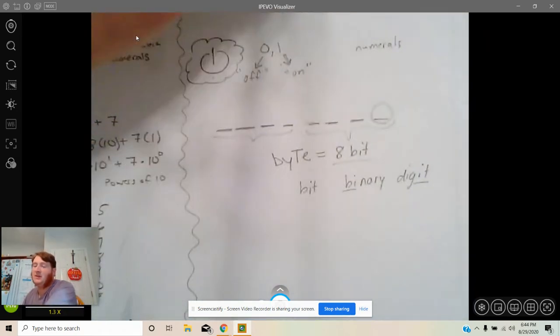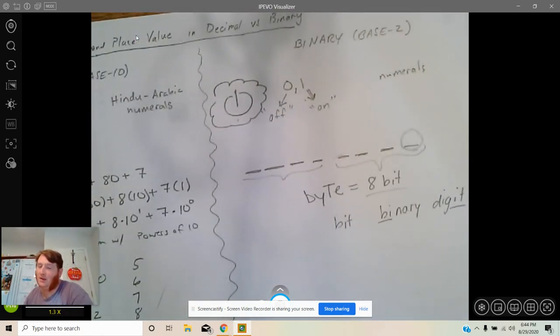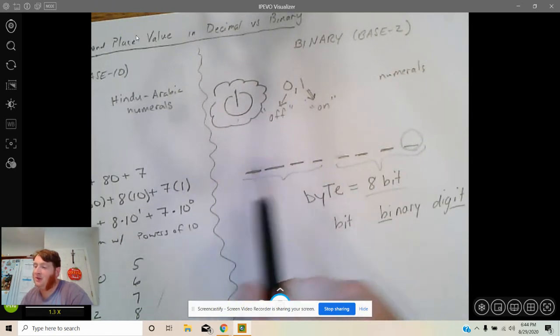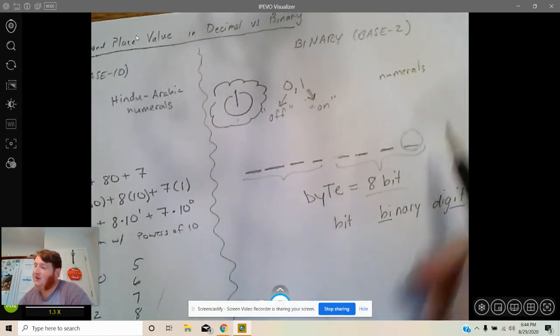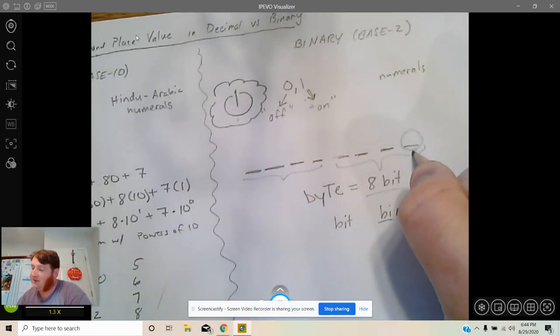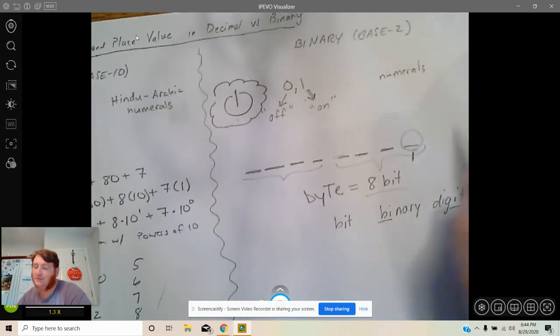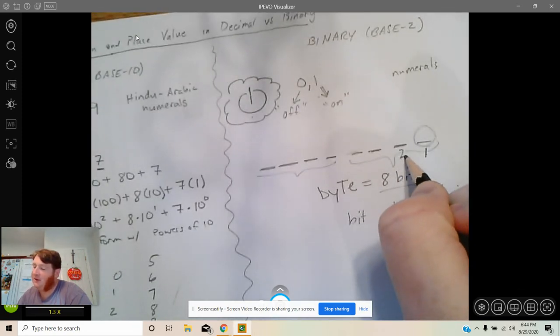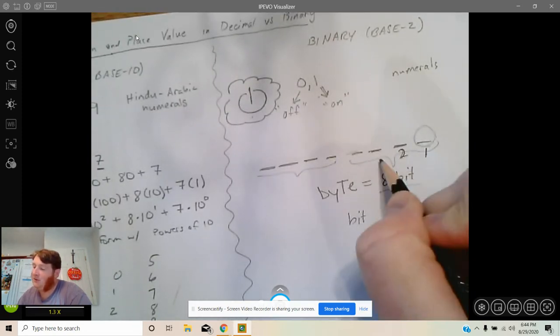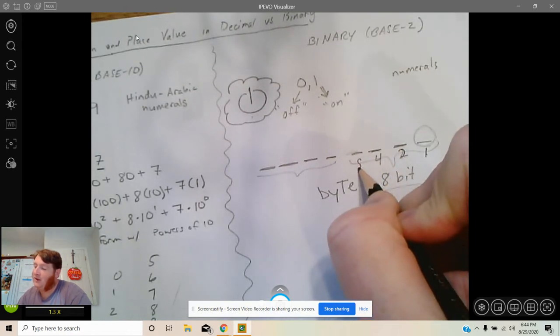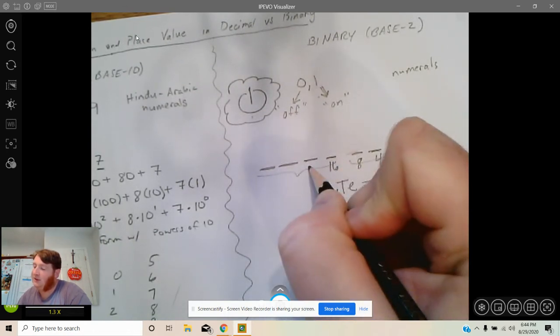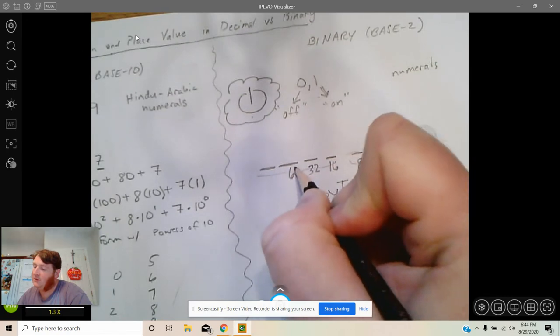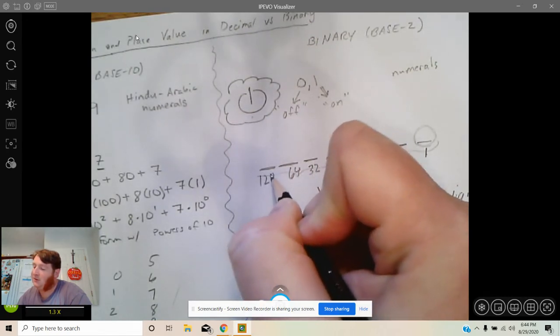So we only have two symbols, and it might just be some ones and zeros, but this place value here is still worth 1. This place value here is worth 2, 4, 8, 16, 32, 64, 128.